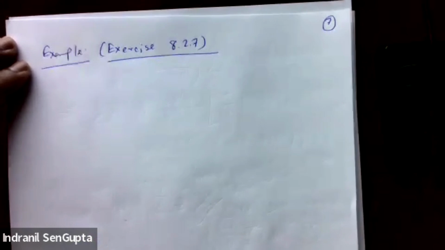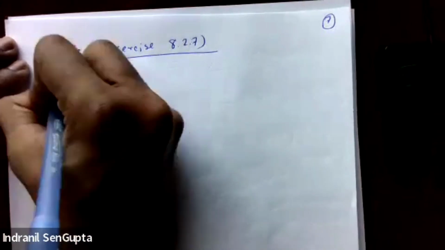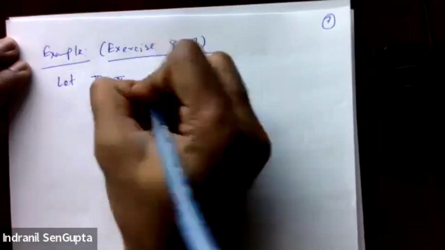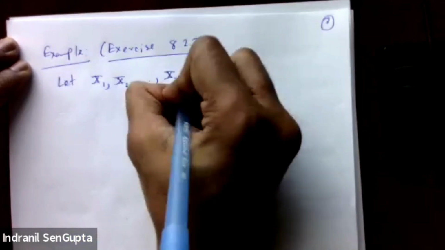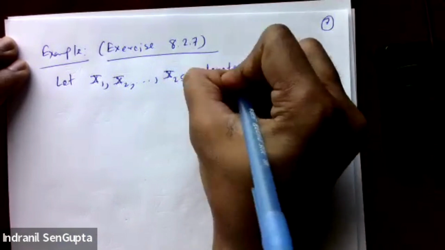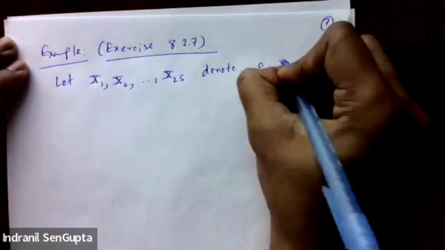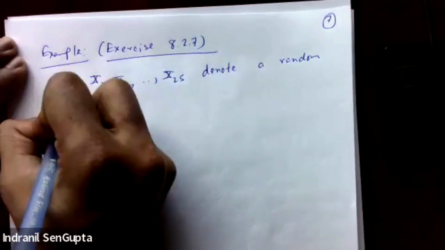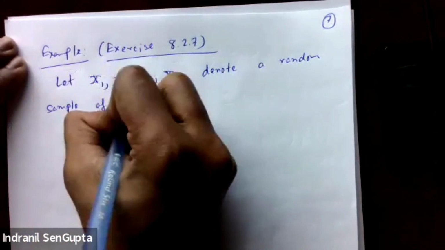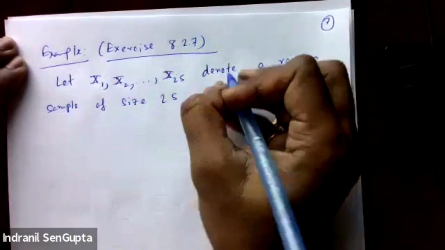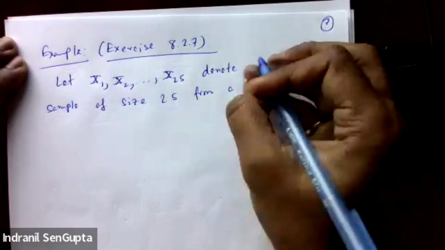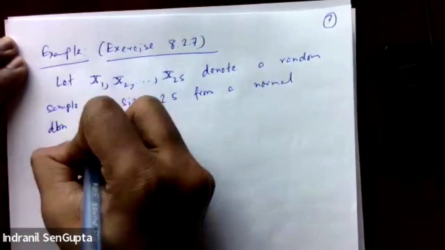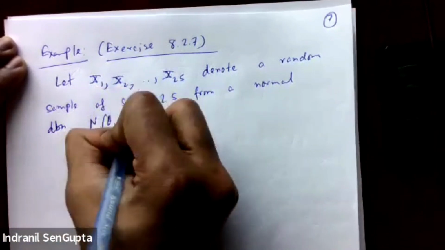Okay. It goes like this. Let x1, x2, up to x25 denote a random sample of size 25 from a normal distribution N of theta comma 100.